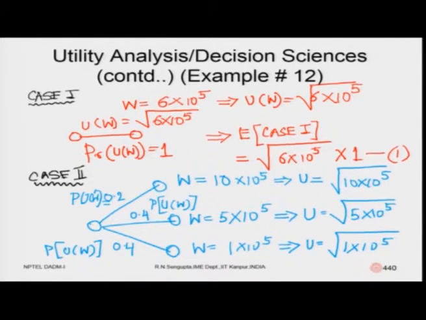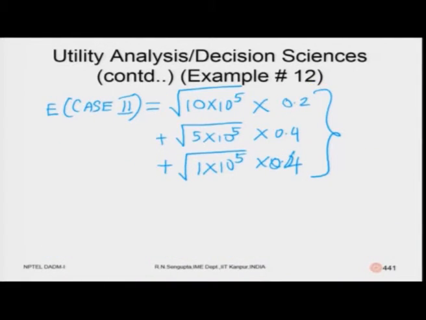So, when I was talking about expected value, let me change the color of the highlighter. When you are trying to find out the expected value, I will use the expected value of this one.